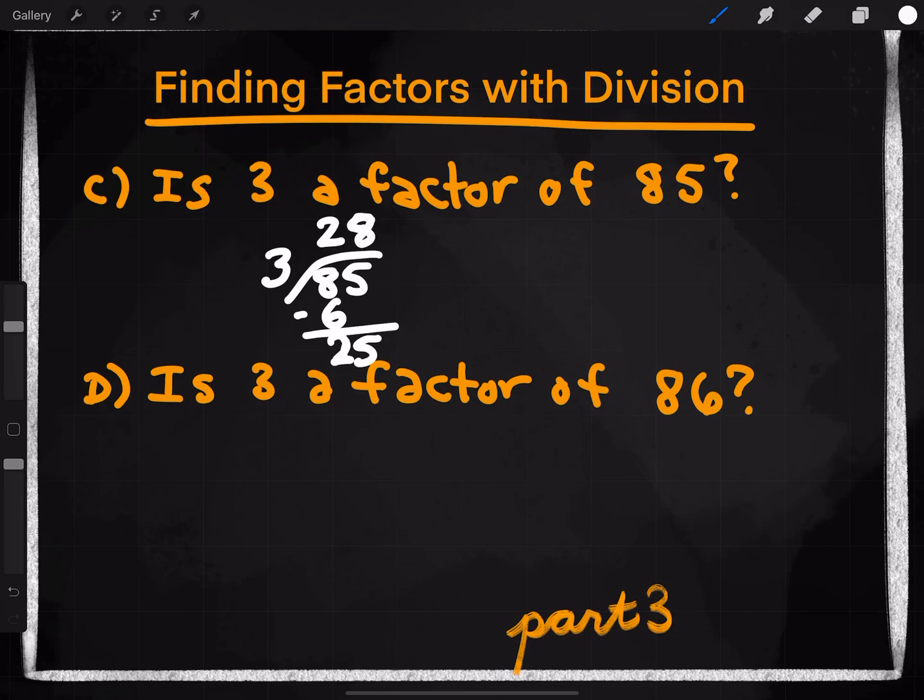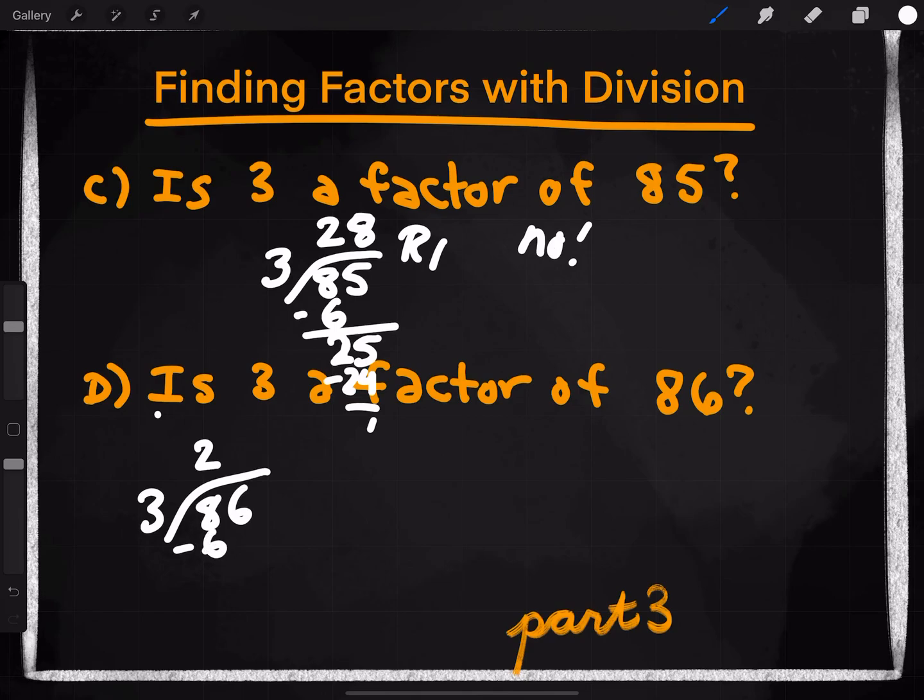Then we would subtract 24. We have a remainder of 1, so not a factor. Now it says is 3 a factor of 86, so let's try that over here. Again, you have 2, 26. There's a remainder again, so no, it is not.